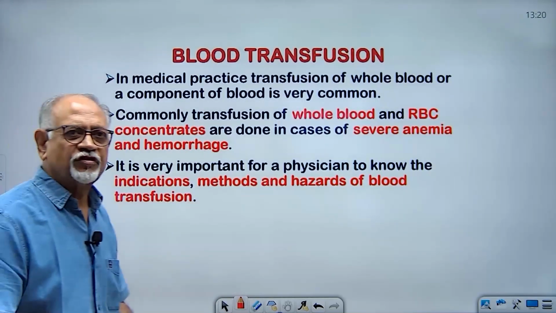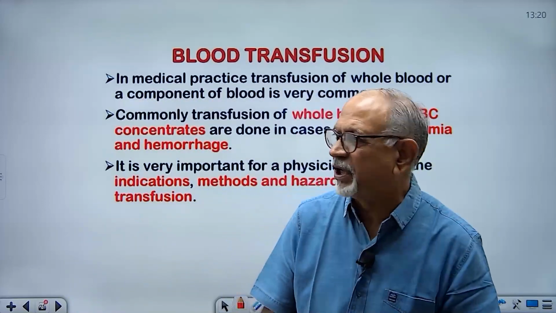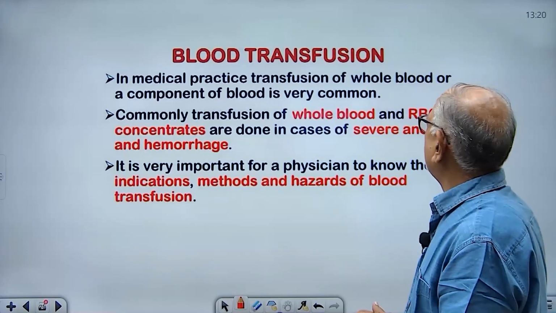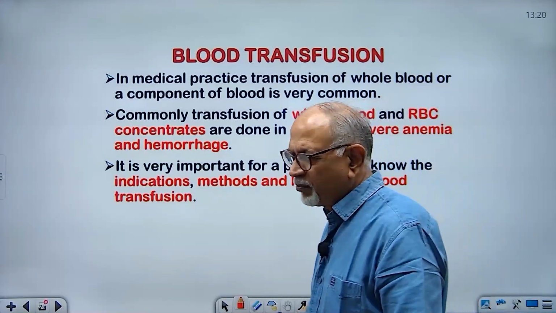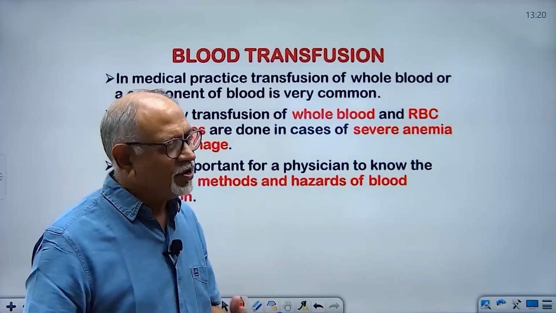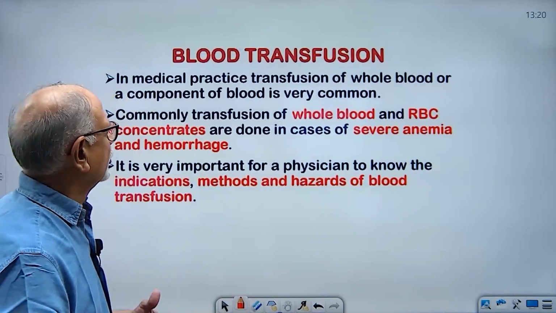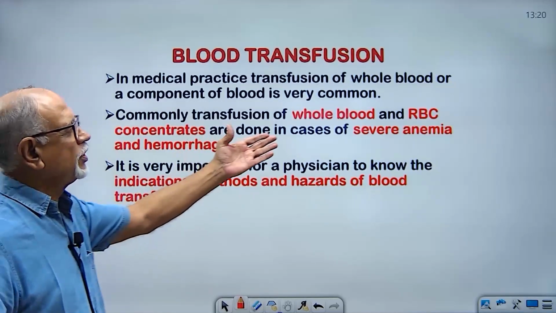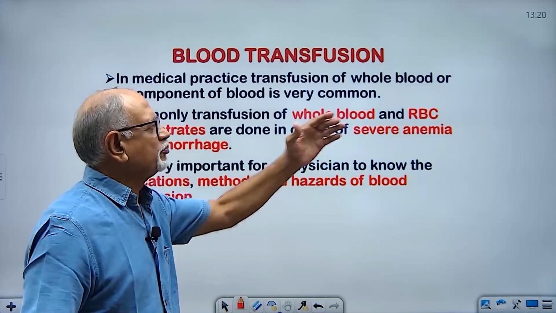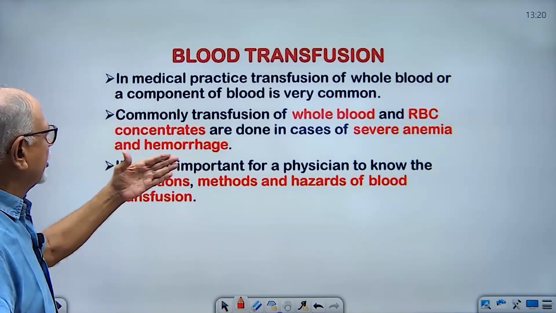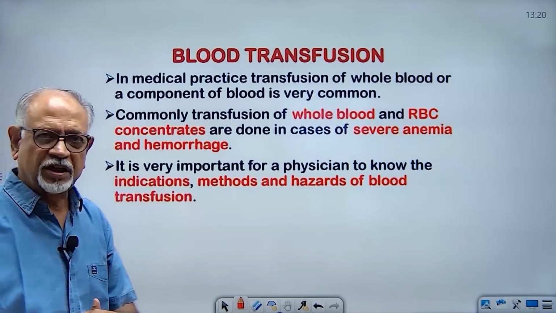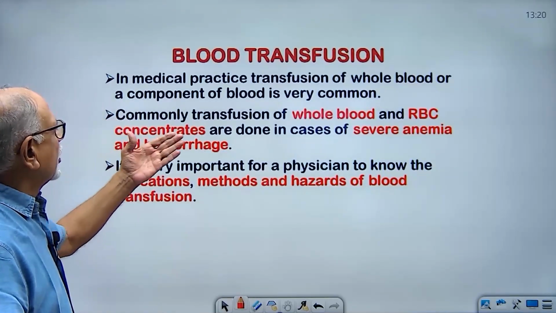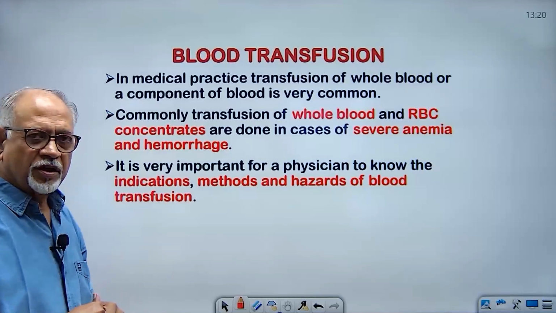Now coming on to the second part, that is blood transfusion. In medical practice, transfusion of whole blood or a component of blood like RBC concentrate or plasma is very common. Commonly, transfusion of whole blood is done, but in severe anemic conditions and in cases of severe hemorrhage, even RBC concentrates are transfused.